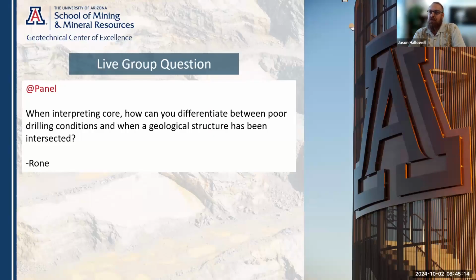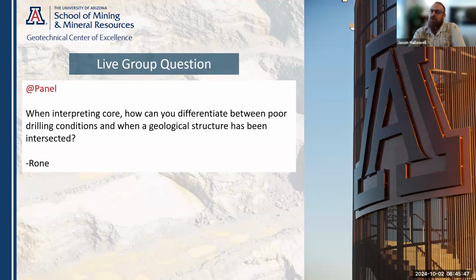In some cases, you're going to be looking at the filling, but oftentimes if it's poor drilling quality, the filling can all get washed out. I think it's important to spend some time on the drill rigs and also understand the skill level of the different drillers and the different crews. I've had cases where if something happens when the day shift crew is drilling, then we're pretty sure it's a geological structure because they do a great job. Whereas if it's night shift, who knows?